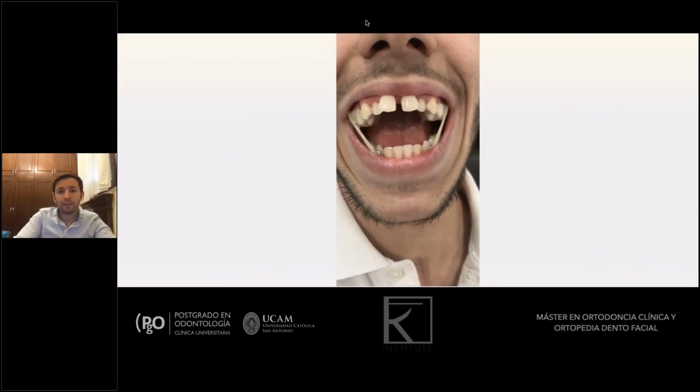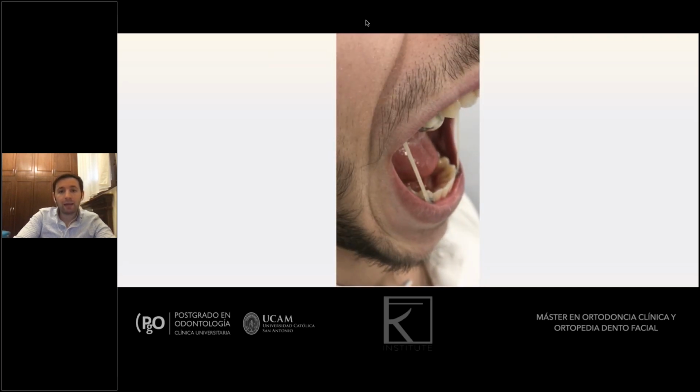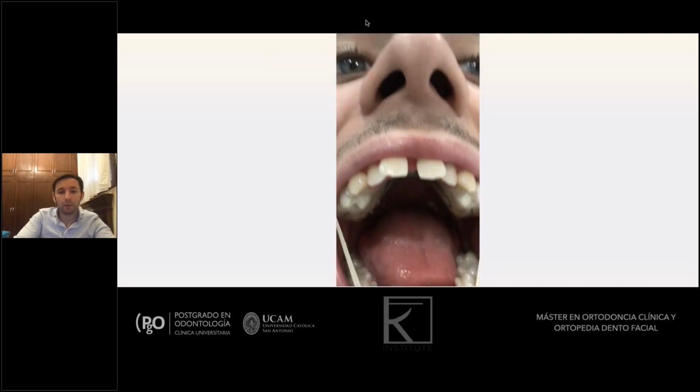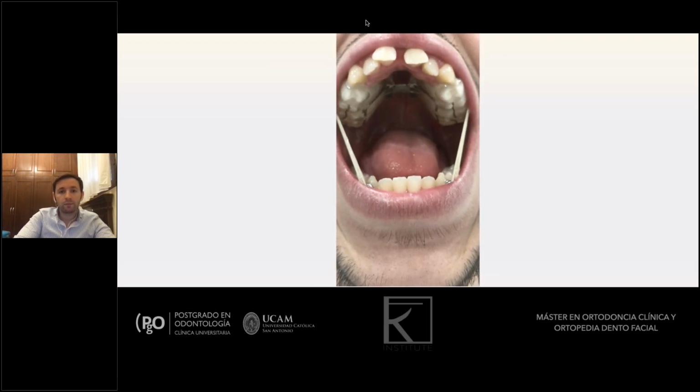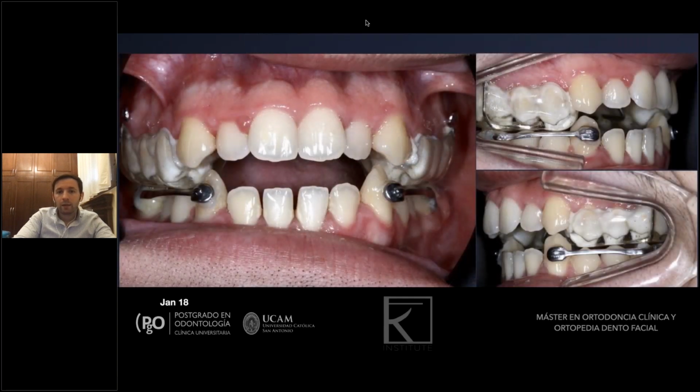I offer this: make a disjunction and a distalization at the same time, sagittal first, with basal treatment. When I offer this, the second phase becomes really easy.